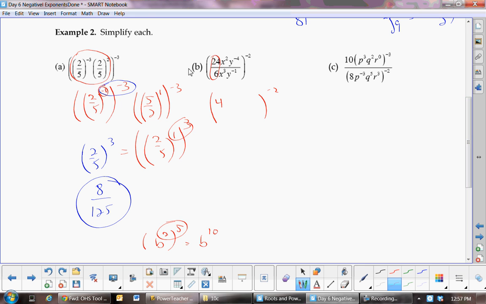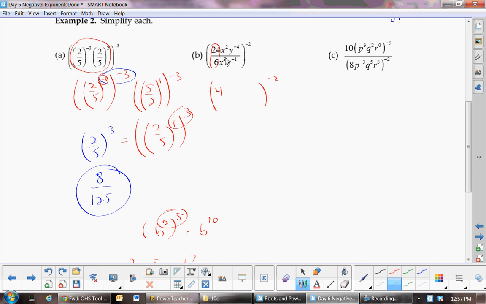Does everybody see this now? x to the 2 divided by x to the 3. What can I do with these exponents? So that would be x to the 2 minus 3. Now the y's, do you see I can subtract the exponents of the y's? Negative 4, treat this like a big minus sign when you do these.